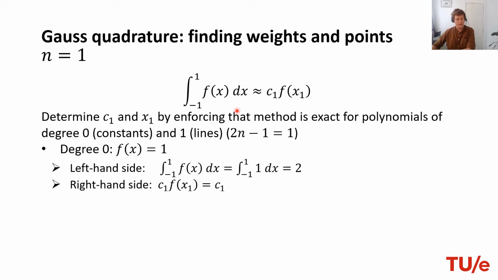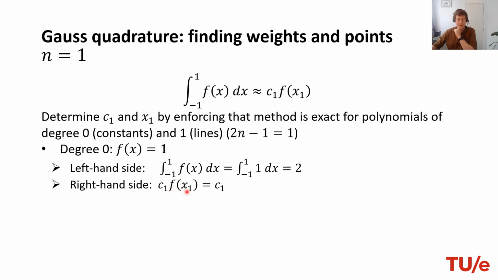What is the right-hand side equal to? The right-hand side is c1, an unknown constant at this point, times the function, in this case a polynomial of degree 0, evaluated at an unknown Gauss point that we still do not know. However, if this is a constant, there is no x in this function here.